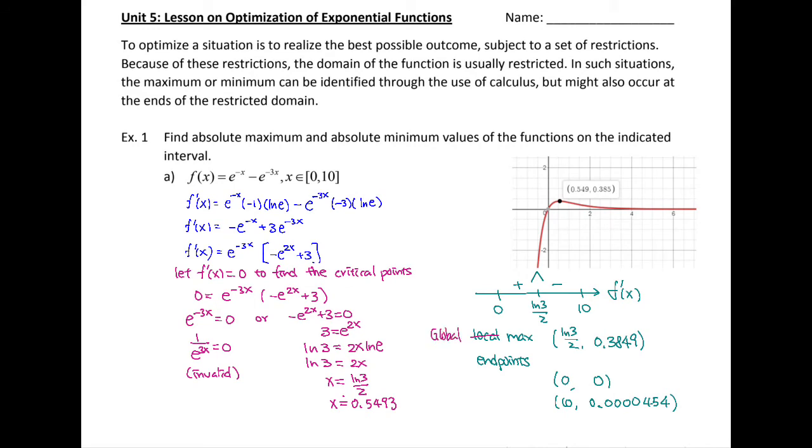And 0 is the minimum, so we say this is a global minimum. Therefore, we say the absolute maximum value is 0.3849 at x equals ln 3 over 2, and the absolute minimum is 0 at x equals 0.